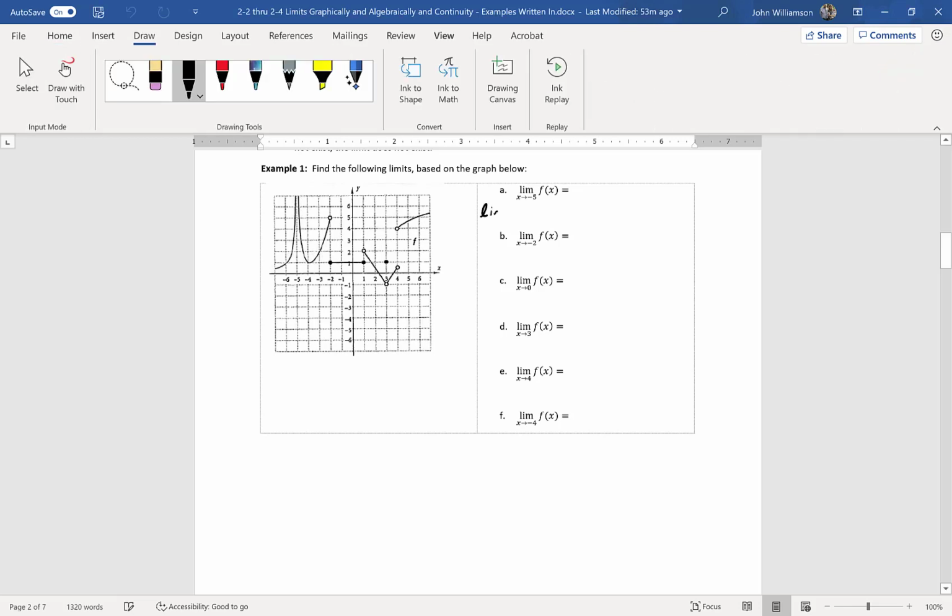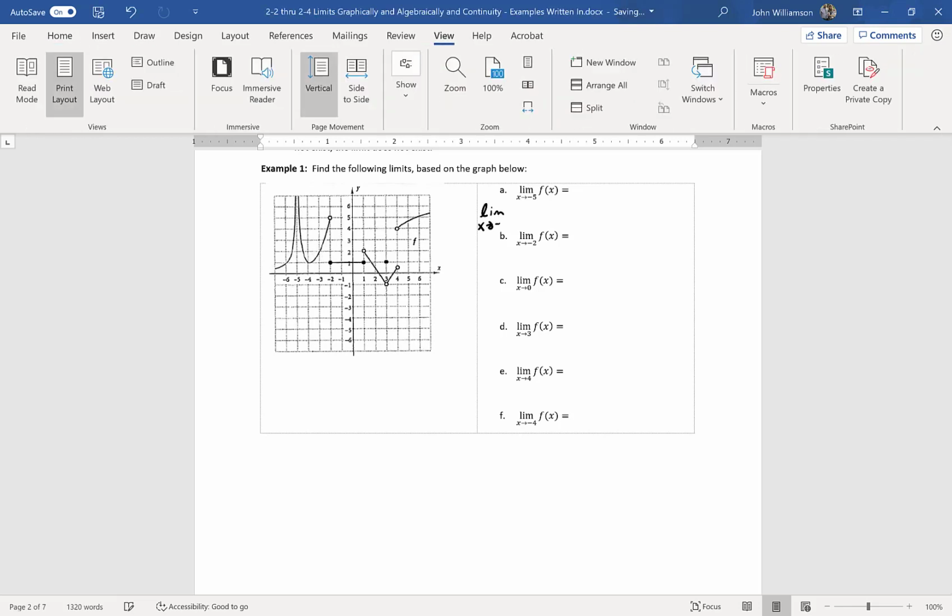So if we look, the limit as x is approaching -5 from the left of the function f of x. So we come in from the left side into -5, and we see this function's going to infinity. So the limit as x is approaching -5 from the left of the function is equal to positive infinity. Now keep in mind, we're not saying that this limit exists and is infinity.